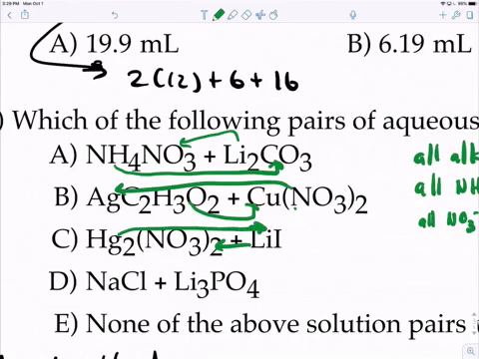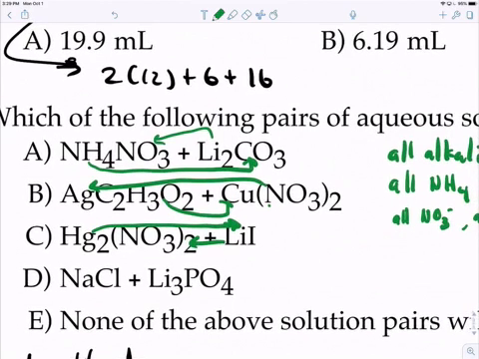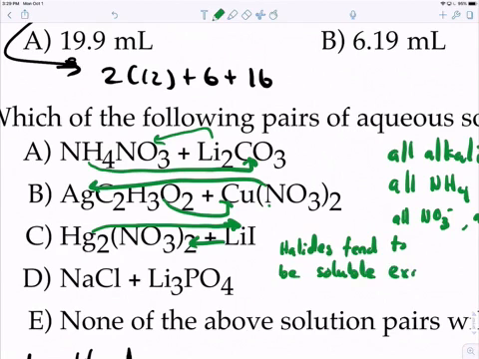Mercury 2 iodide, so halides tend to be soluble, except silver, Hg2, and lead.